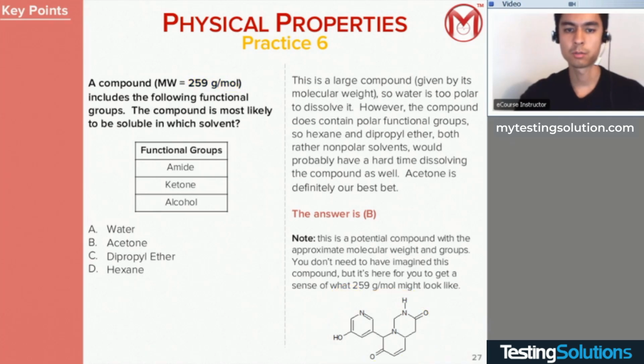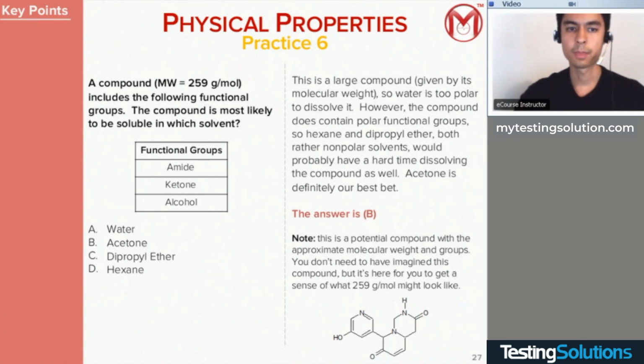It doesn't really have any charged groups on it. Amides, ketones, and alcohols are polar, but they're not that polar. The only one that's probably the most polar is the hydroxyl group, and it's just one out of a pretty large compound. So it's not going to be very soluble in water.